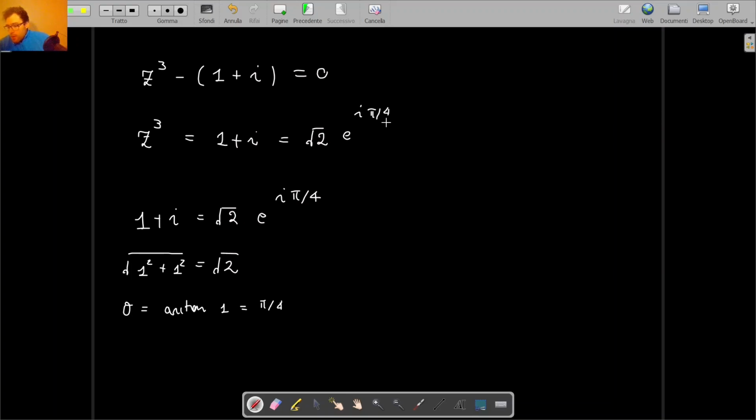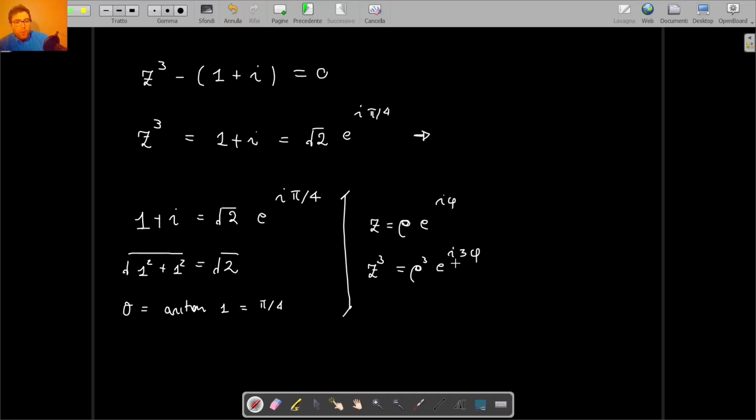Now we can proceed to rewrite also z raised to the third power in its exponential form, because if z is equal to rho times e raised to i phi, then z raised to the third power is nothing but rho raised to the third power, which multiplies e raised to i 3 phi.